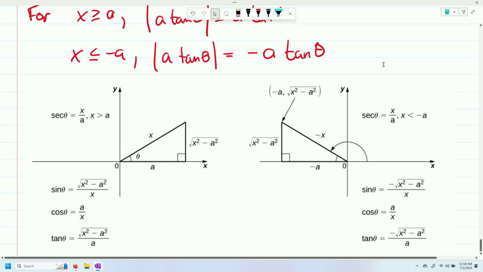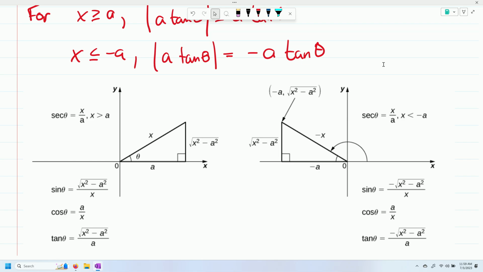So the reason is it depends on the relationship that we have. We may need to use some trigonometric identities, because theta can also be defined as the inverse secant of x over a.